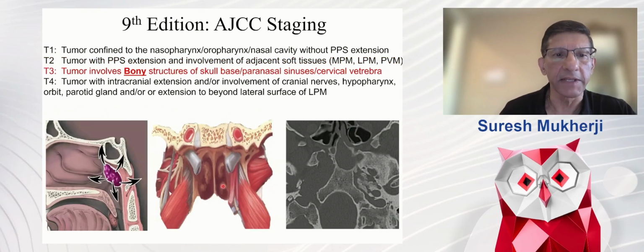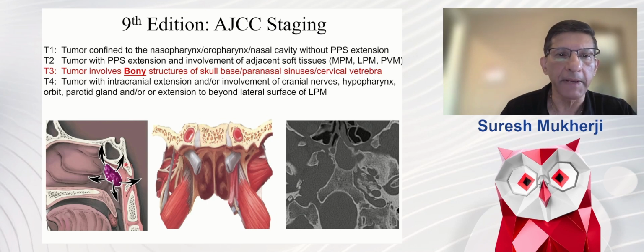Now, a T3 lesion is this type of superior spread. So when we look at the applied anatomy of the nasopharynx, this is the area of the torus tubarius, and notice how the fossa of Rosenmüller is located just below the skull base. So just below the skull base is this fissure, and this is the petroclival fissure.